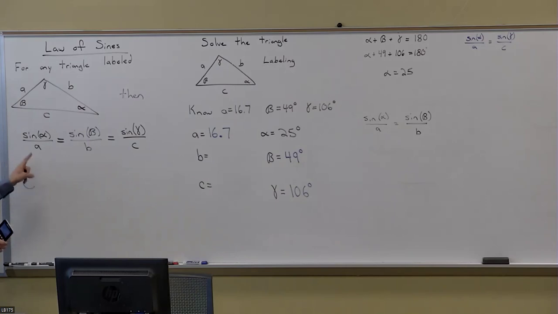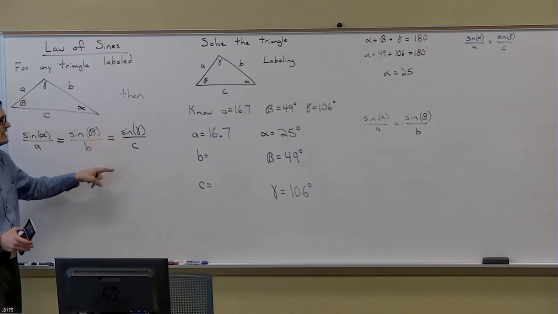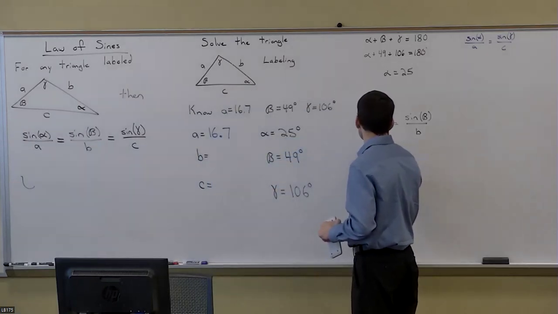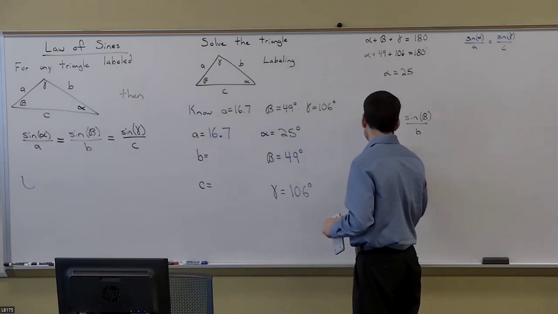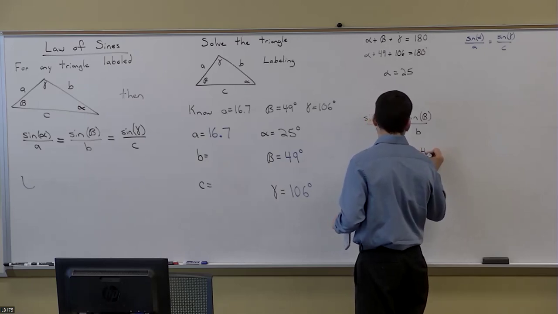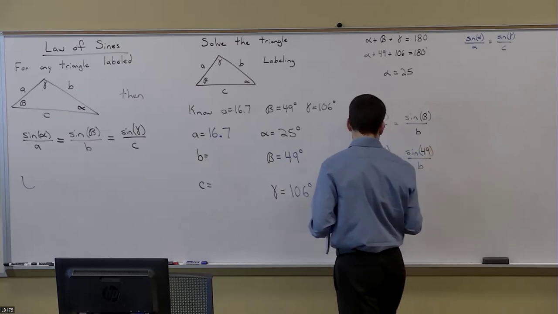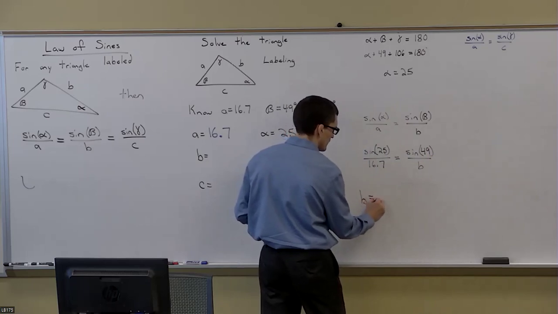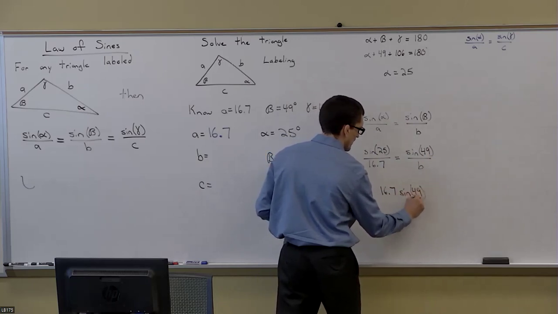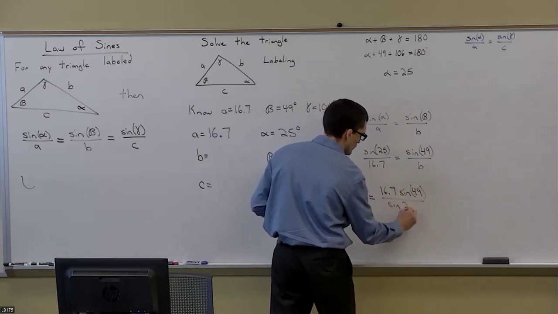Because at this point I have A and alpha, I'll use my sine alpha over A ratio along with the sine beta over B to find the B. And then I'll use the sine alpha over A along with the sine gamma over C to find the C. So sine of 25 over 16.7 is equal to sine of 49 over B. So B is equal to 16.7 times sine 49 divided by sine 25.